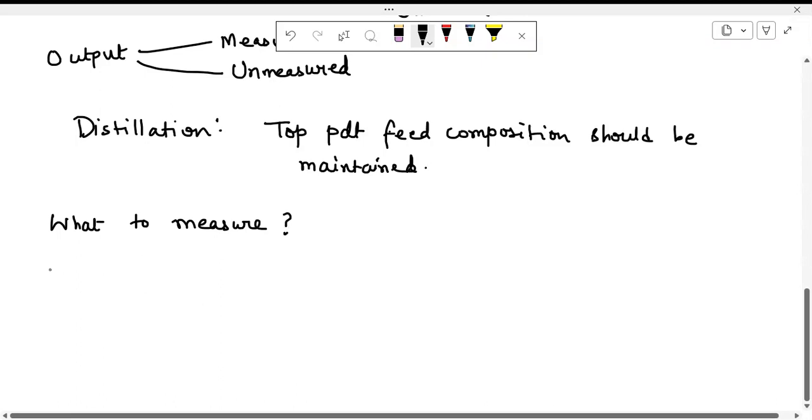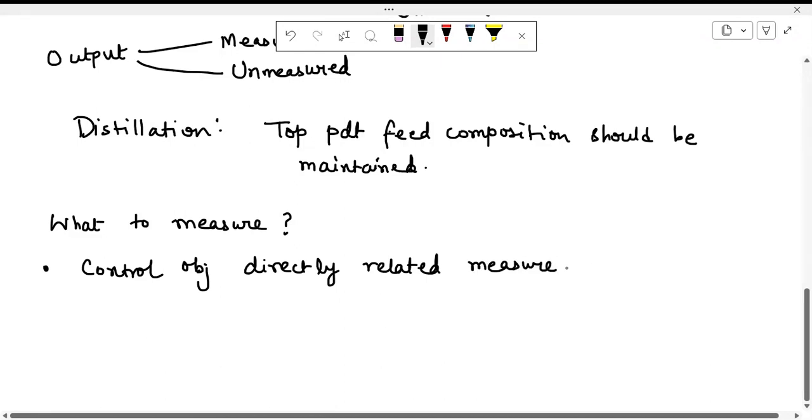So our first concern is that if the control objective is directly related to any measurable process variable, I am writing PV for process variable, then we will make the measurement. This kind of measurement is called primary measurement.